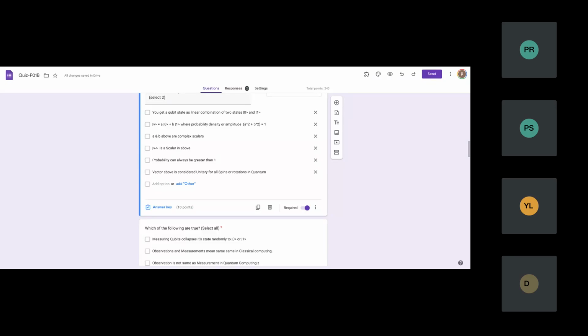So how many coefficients do we have here? 4.